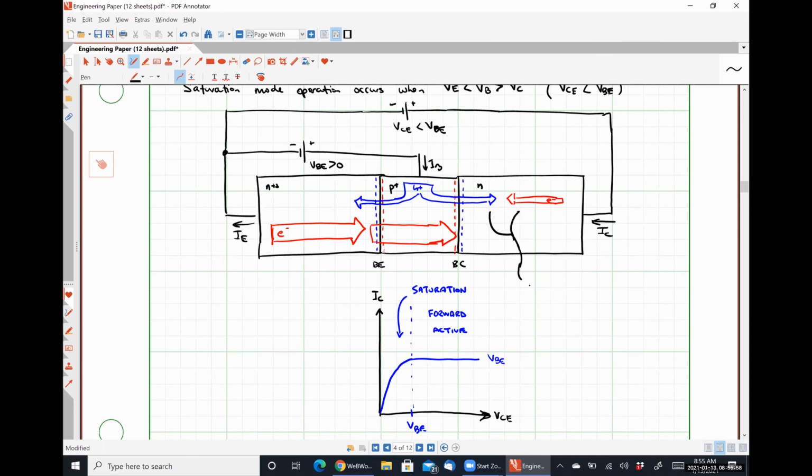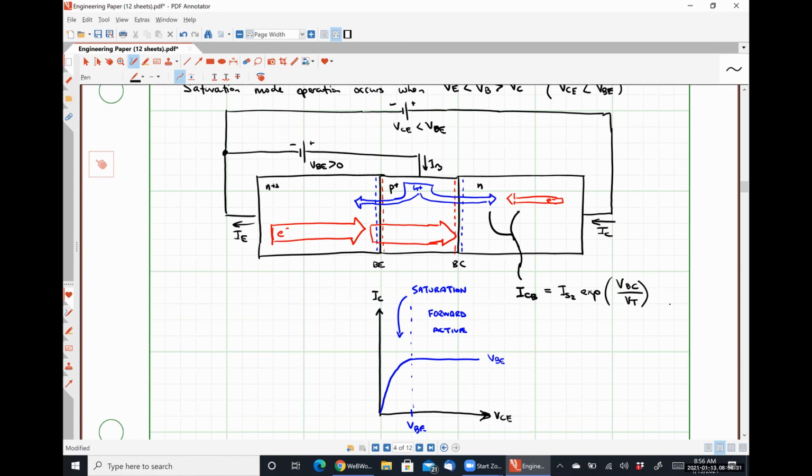This current, so let's call this I flowing from C to B, is going to be, let's call it IS2, times exp of the forward bias voltage, which is VBC over the thermal voltage. So for very small values of VBC, that current should be roughly negligible.